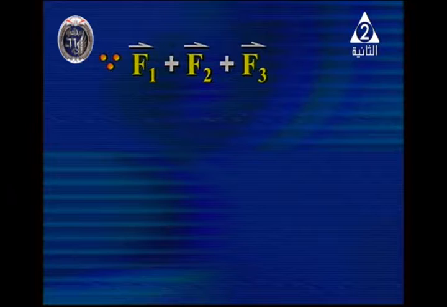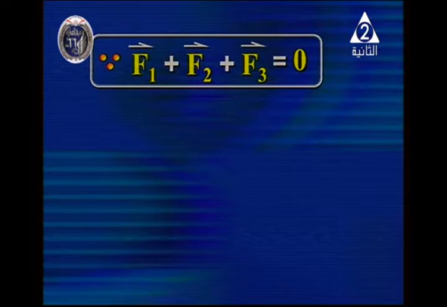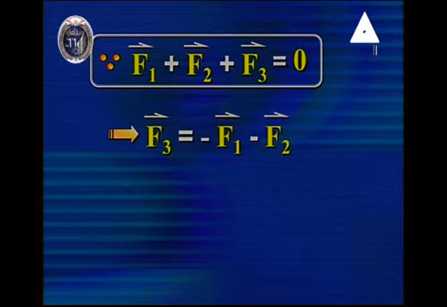Then F1 plus F2 plus F3 equals 0. By substitution of F1 and F2, we find the value of F3. F3 in this case equals negative F2 negative F1, or the vector F3 equals negative F1 minus F2.